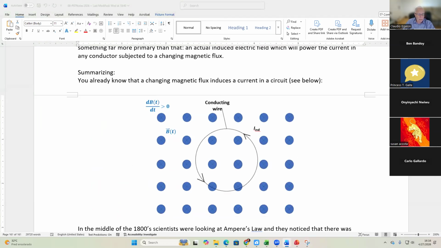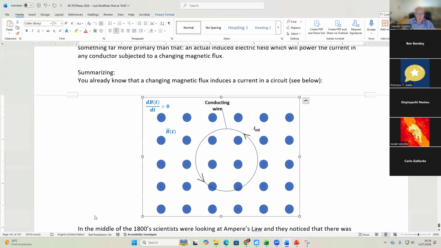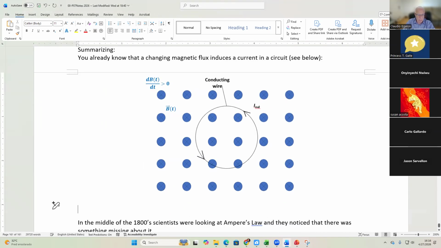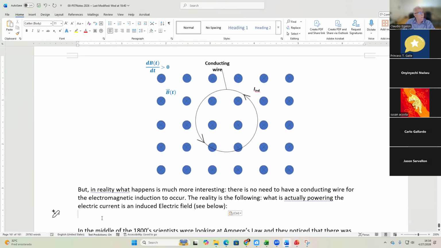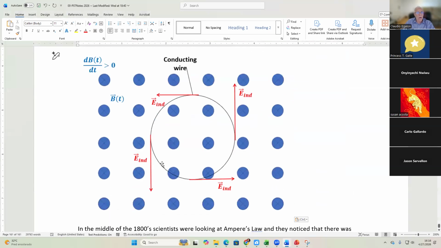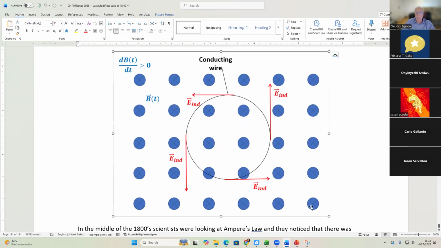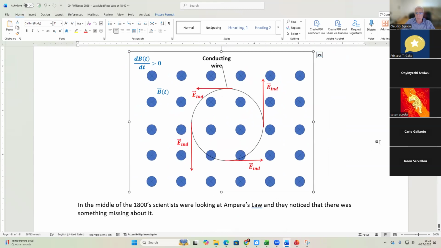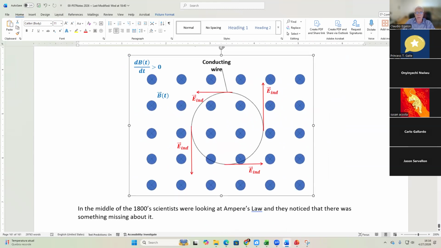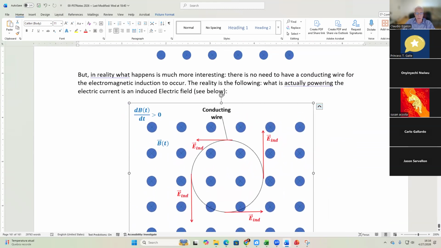But in reality, what happens is something far more interesting. An induced electric field is powering the current and consequently giving rise to an induced electric potential difference. I illustrated the induced electric field here.